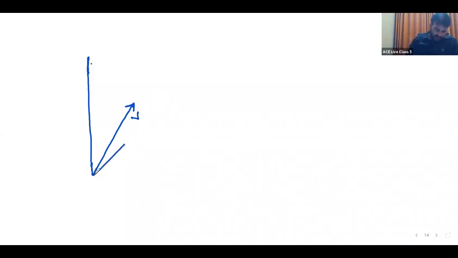V, IA, IARA, and this is IAXES. IAXES is perpendicular to IA.